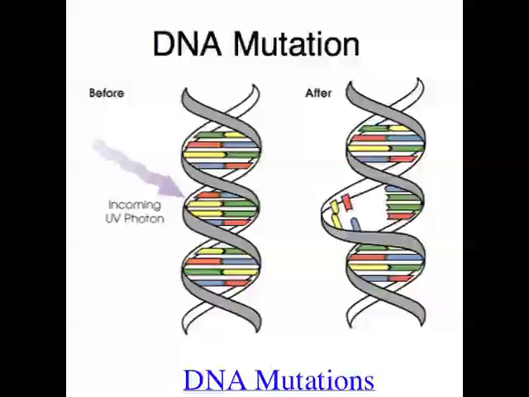So you can have these single base pair mutations, and there are a bunch of different types of these mutations. You can have a substitution. This is where one base, maybe T, is replaced with another, for example, C. And if it's in a gene, this can in fact result in nothing happening.